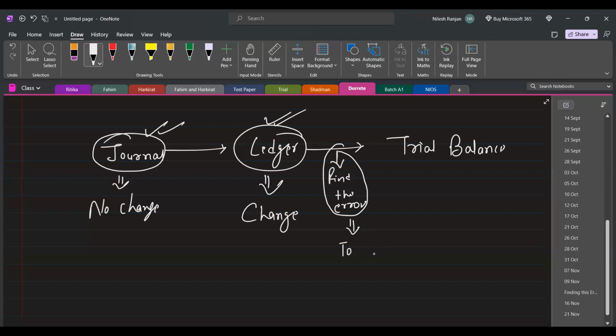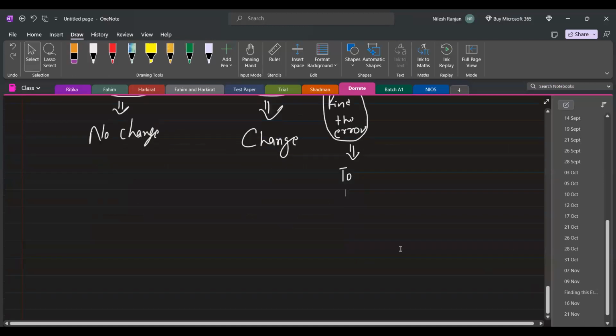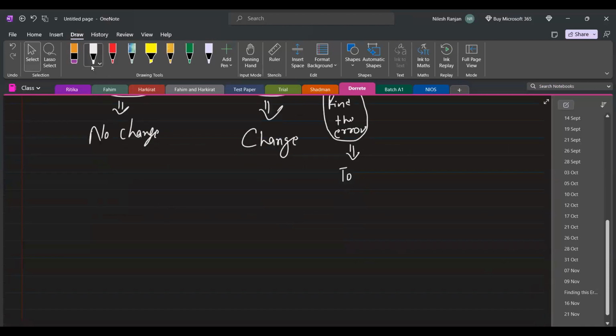After you calculate the balance, when we prepare an account, we write it like this. We get the balance here, like to balance c/d.